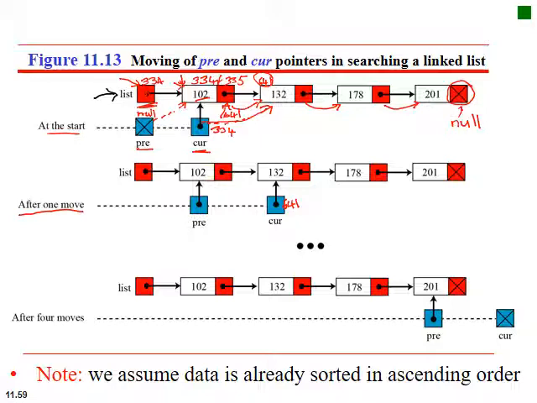Okay, but now it's important to realize that the order is important here. The first thing that will happen for this move to take place is that we assign the current pointer to the pre-pointer. In other words, currently the current pointer has the value 334. So by assigning that, we now give the value 334, the address 334, to the pre-pointer.